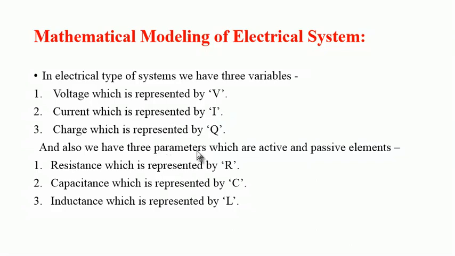We also have three parameters which are active and passive elements. These are the elements used in the electrical system: resistance, capacitance and inductance.